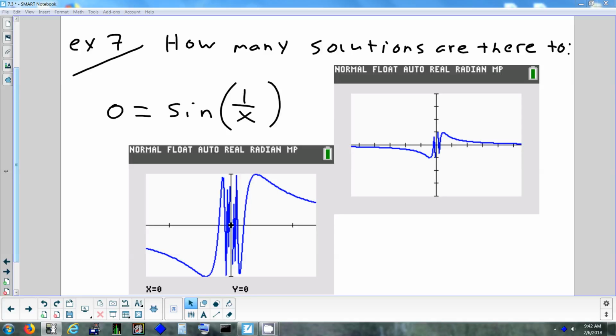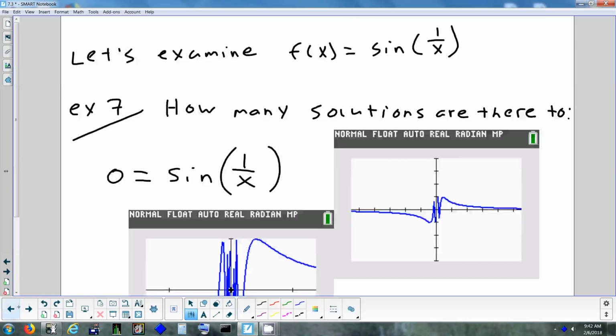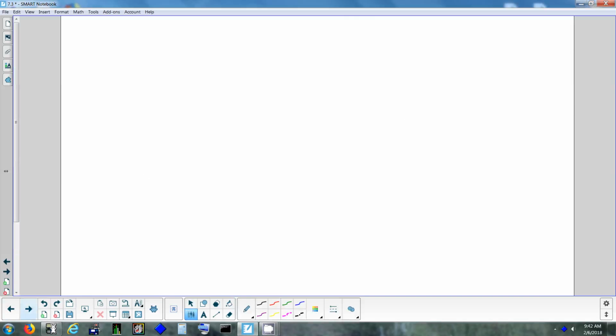Well, as a hint, this is basically what you're looking for, right? Where is the sine of 1 over x equal to 0? That's what I just drew. Any question on just what I have written right there? That's what we're trying to figure out. So let's think about sine for a second.